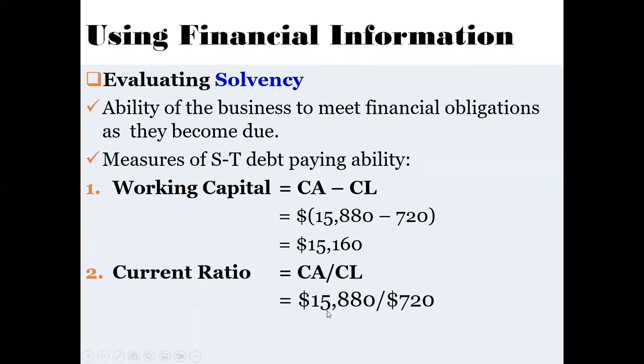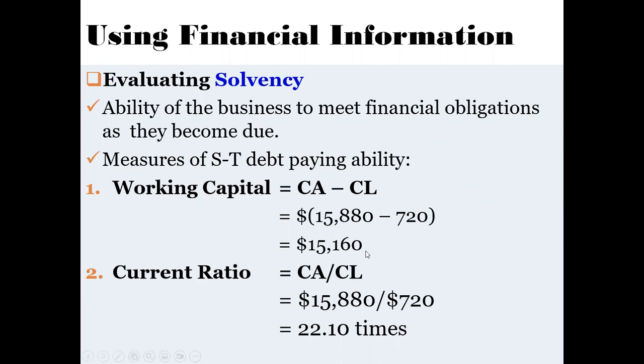When we divide $15,880 by $720, remember, guys, you cannot get a dollar answer. It is given in terms of times. So here we are saying that our current assets cover our current liabilities over 22 times. Now, without even going into interpretations, you can see the business looking good.